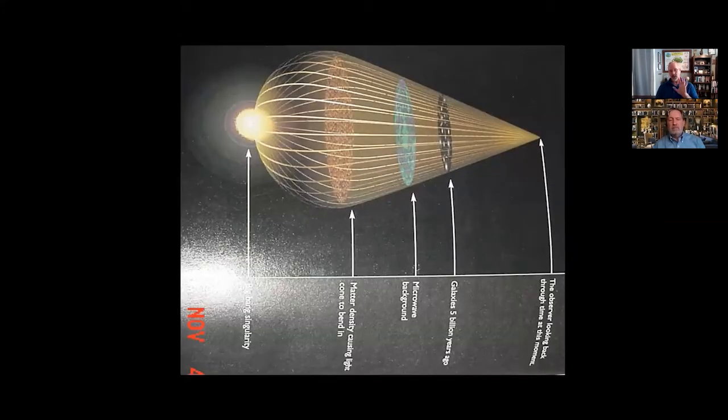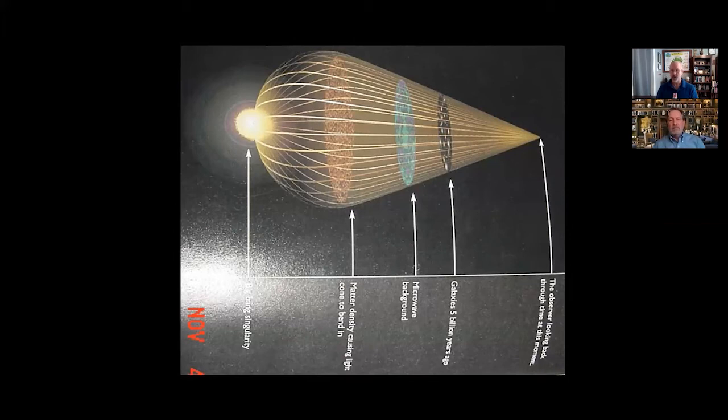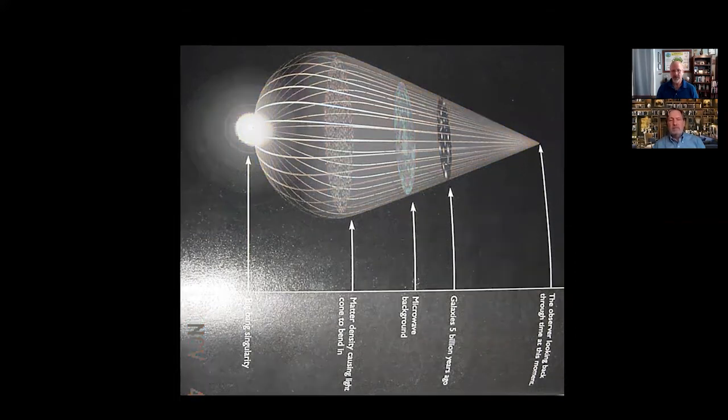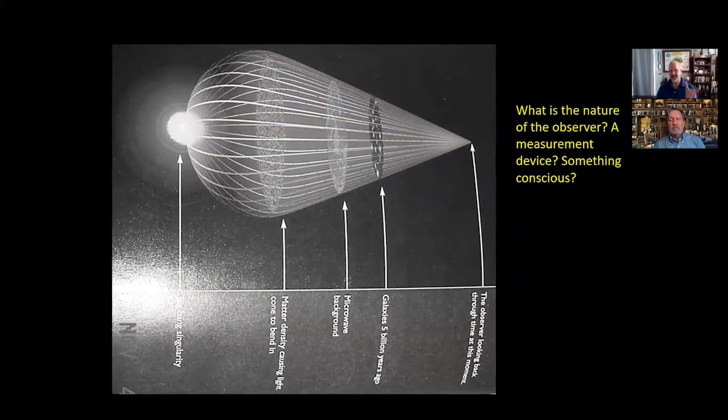Here's a picture from Stephen Hawking's The Universe in a Nutshell. It shows the observer looking back through time at the Big Bang singularity. One of the things that's relevant about it is the nature of an observer. In physics, the nature of an observer is basically anything that can detect information off of it, so any measurement device.